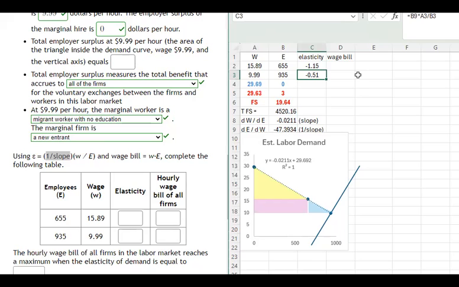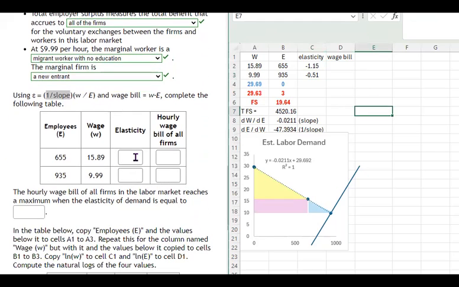So you want to know what your elasticity is if you're a member of a union and you're voting on whether to go on strike to get a wage increase, right? It could result in a huge decline in employment level, right?